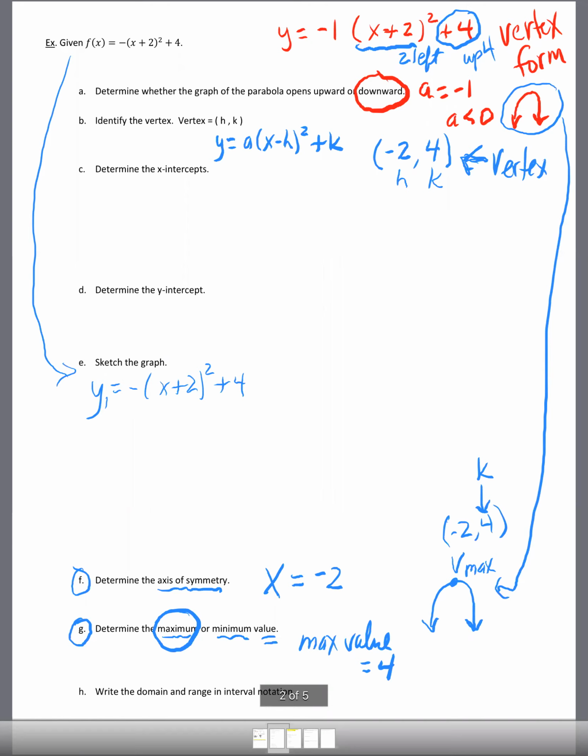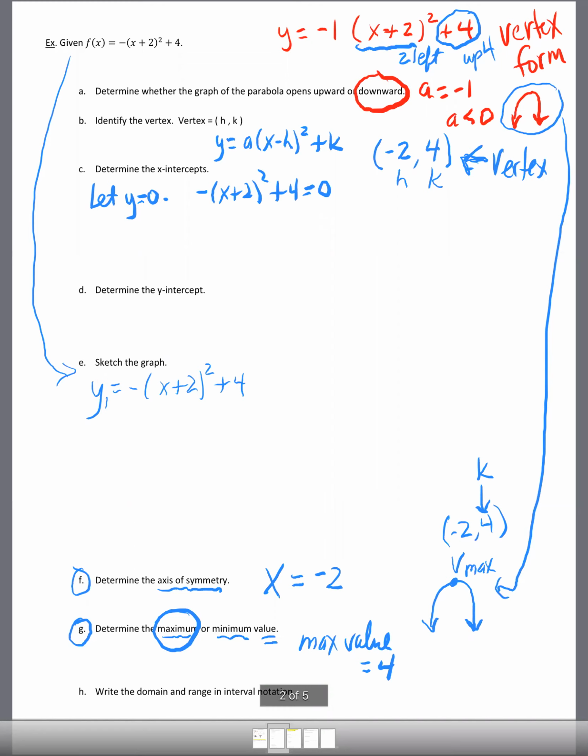To determine the x-intercepts, with this format, you just have to go through and solve it. To find any x-intercepts of any function or equation, we will let y equal 0. If we do that in this equation, this would say the negative of (x plus 2) squared plus 4 is equal to 0.